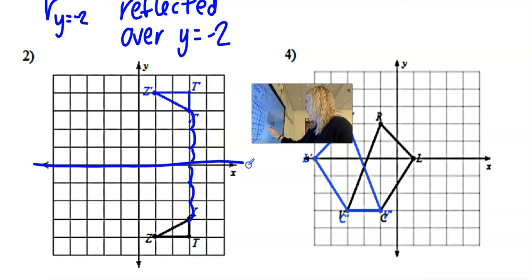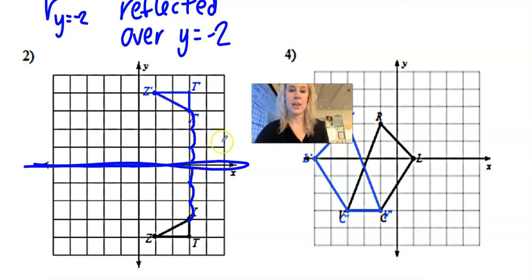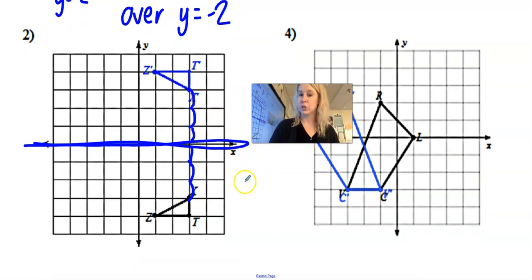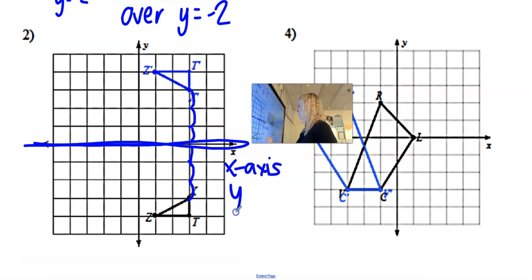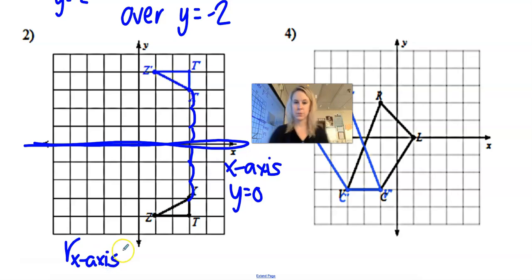Here is the middle, which ends up being the x-axis. You could name that two different ways. The fastest way would probably be the x-axis. You're not wrong if you say y equals 0; they're both the same thing because that is where your y is 0. But for the rule, I'm going to do a little r and then put the x-axis. That's probably what you'll see the most. Both are right, you get to pick.